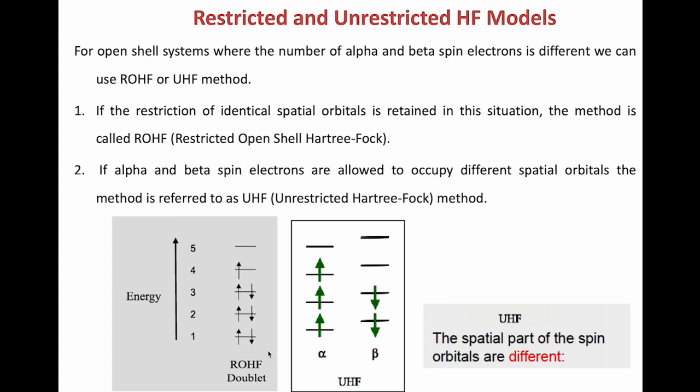That is known as a restricted open-shell Hartree-Fock model. Another one is the unrestricted Hartree-Fock model, where the spin orbitals have different energies. The alpha and beta spins are arranged in different spatial orbitals. That is known as an unrestricted Hartree-Fock model.